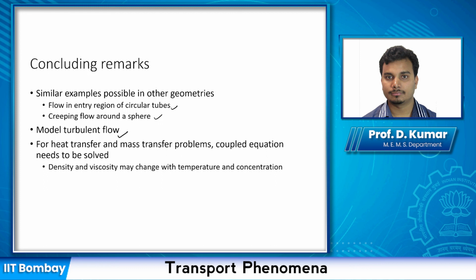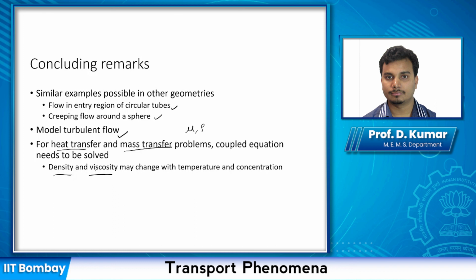And even more generally, for heat transfer and mass transfer problems, you have to solve coupled equations, because if you have some temperature gradient, your viscosity can vary and your density can vary, and if the concentration changes, then also your density and viscosity can vary. So very often you have to solve these as coupled problems.